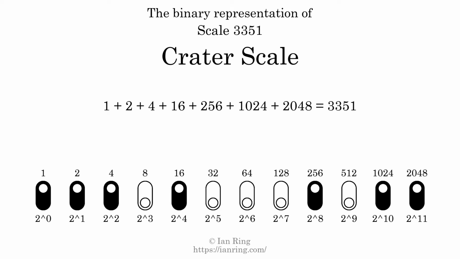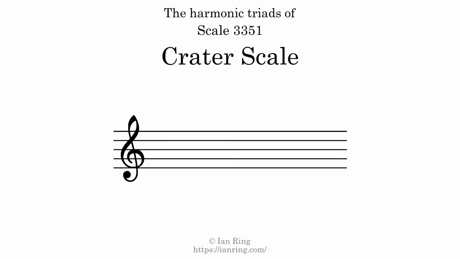That is why the scale number, in decimal, is 3351. The scale number not only enumerates the scale with a unique index, but it also literally describes the tonal content of the scale. Represented as a binary number in base 2, the scale number is 1101000101111. Here are the harmonic triads present in this scale.